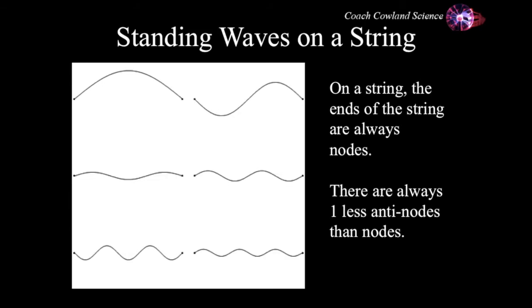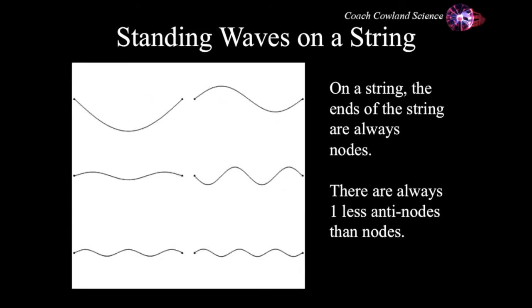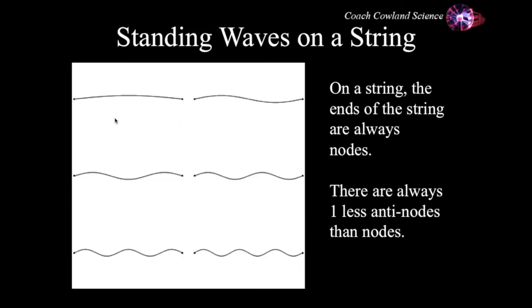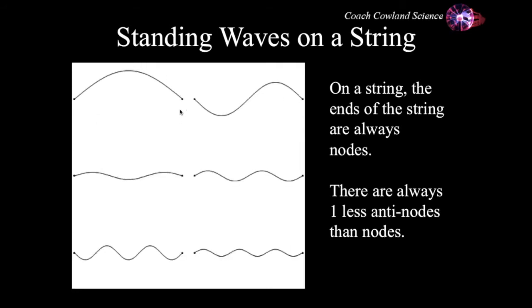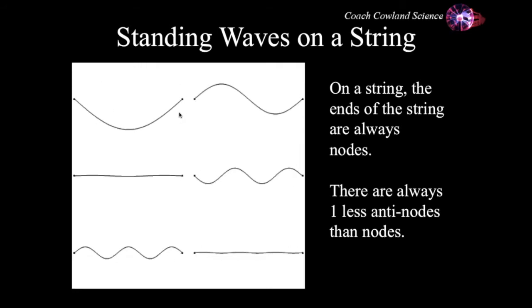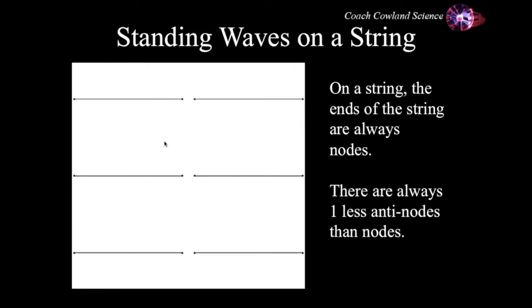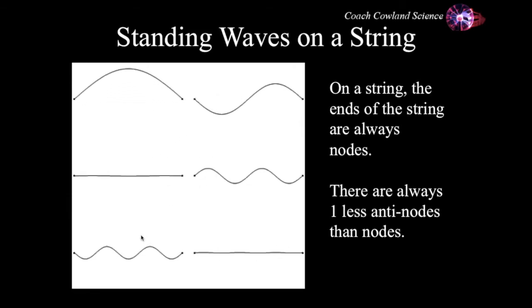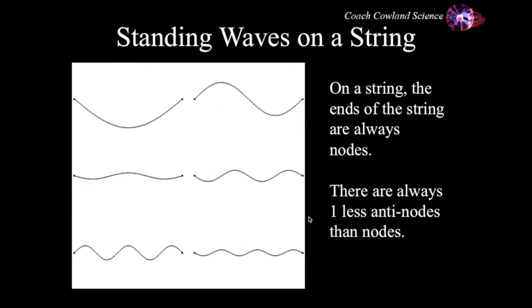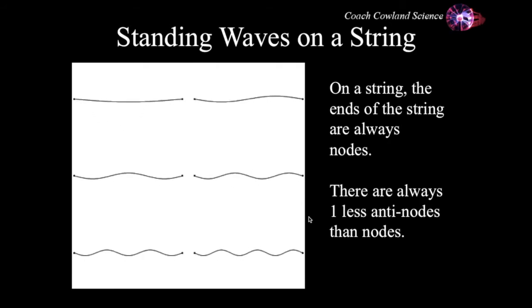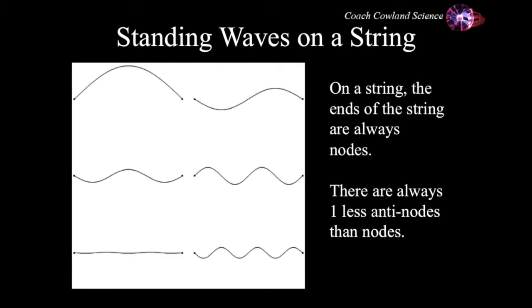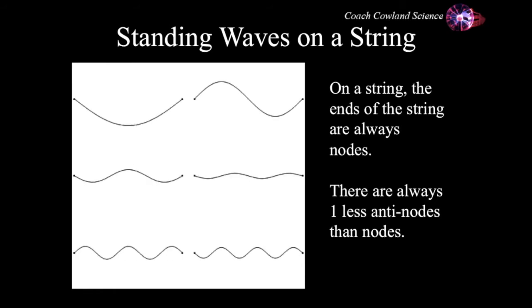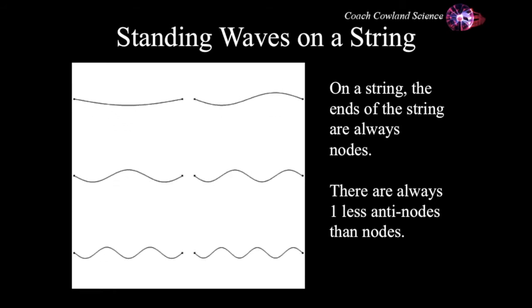So here we can see standing waves on a string in action, and this is the fundamental frequency, the fundamental standing wave here, and we can see the second harmonic, third harmonic, fourth harmonic, fifth and sixth harmonic. We can look at the number of nodes and the number of antinodes, and that will help us work out the wavelength of sound that we would get from each one.